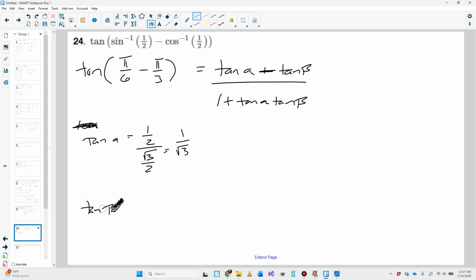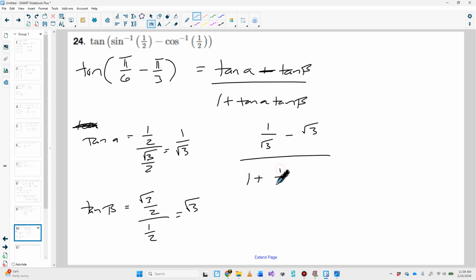Tan beta is the square root of 3 over 2 over 1/2. And that's just the square root of 3. All right, well, this is going to be interesting. So 1 over the square root of 3 minus the square root of 3, and that's over 1 plus the square root of 3 times the square root of 3. Well, these two cancel.